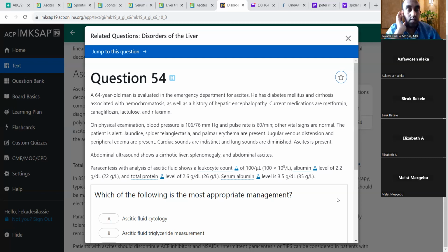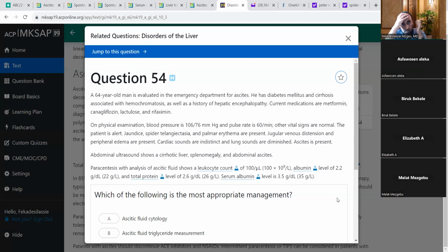On physical examination, blood pressure is 106/76 mm Hg, and pulse rate is 60 per minute. Other vital signs are normal. The patient is alert. Jaundice, spider telangiectasia, and pulmonary edema are present. Jugular venous distension and peripheral edema are present. Cardiac sounds are indistinct and lung sounds are diminished. Ascites is present. Abdominal ultrasound shows the cirrhotic liver, splenomegaly, and abdominal ascites.